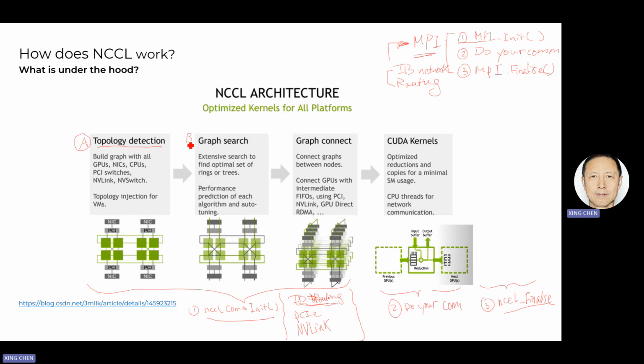B, it has to do the graph search. C, it has to do the graph connect. And then we can claim that the communication infrastructure for GPUs has been set up. Right now, you can go to the next step and do your communication by using CUDA kernels. At the end of your communication, you don't need this communication infrastructure anymore, and you can call NCCL finalize to destroy it.